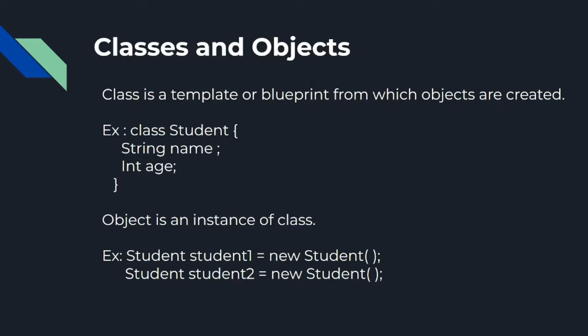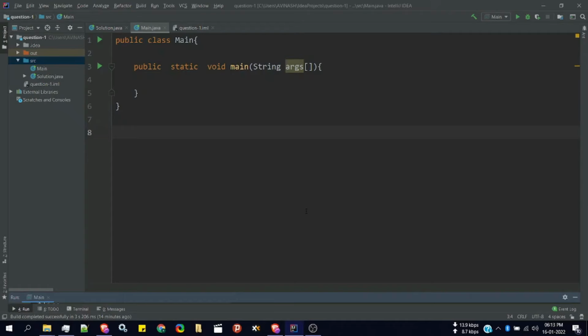So an object is an instance of a class. You can see here we have created two objects from the class Student by specifying new Student. The keyword new is used to create a new instance. Now let's see the code.